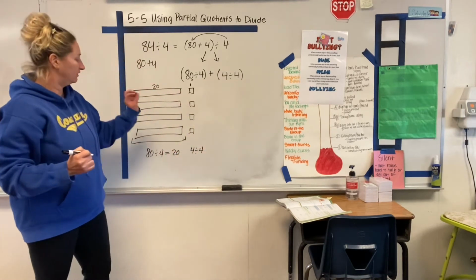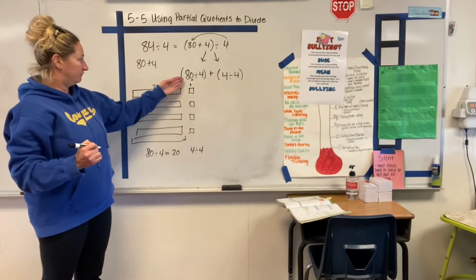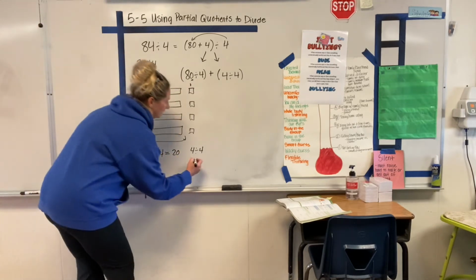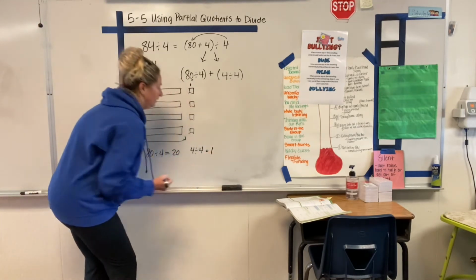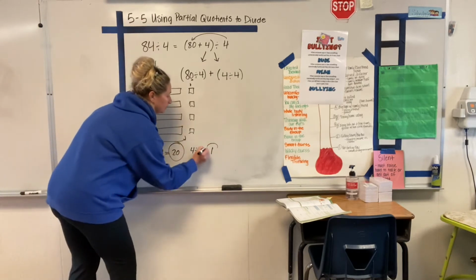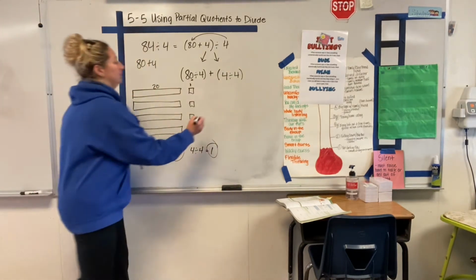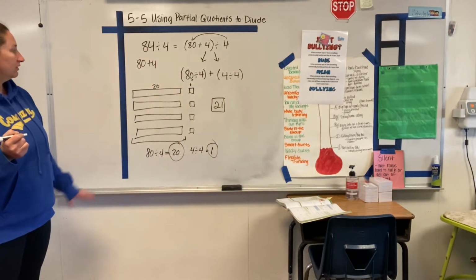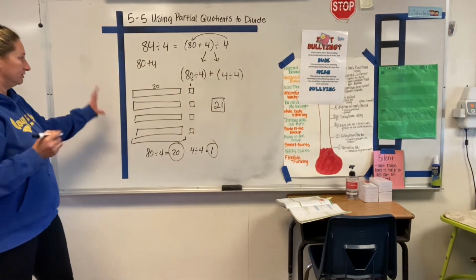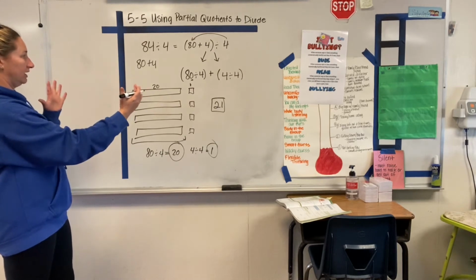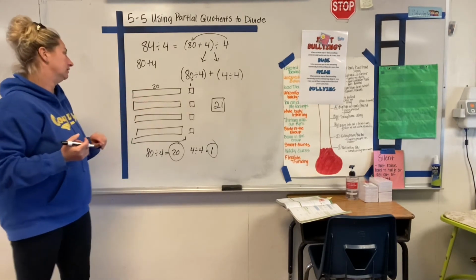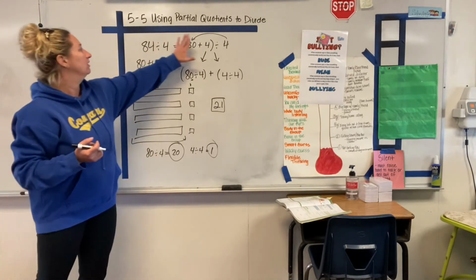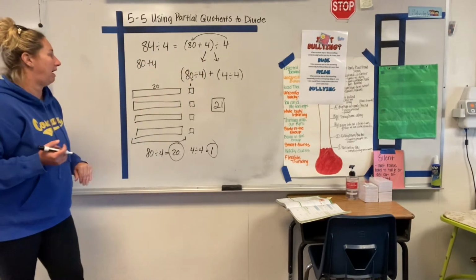There are 4 total divided by 4, so there's 1 in each. Then I add up my 2 partial products and I get 21. So that is the distributive property where it's broken apart, in a picture. This can get a little confusing, so I kind of like just using the math.